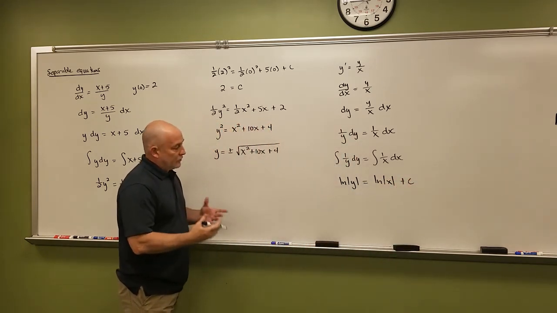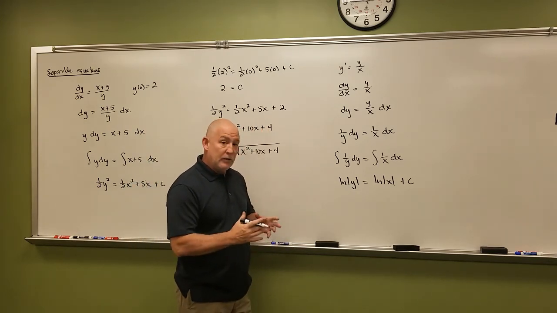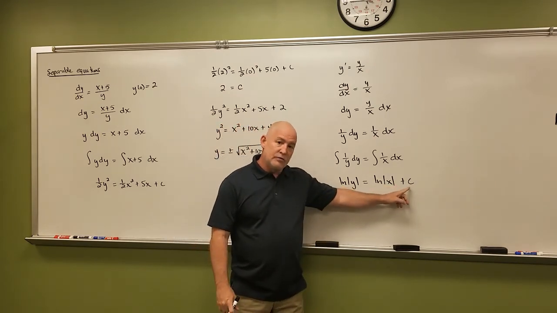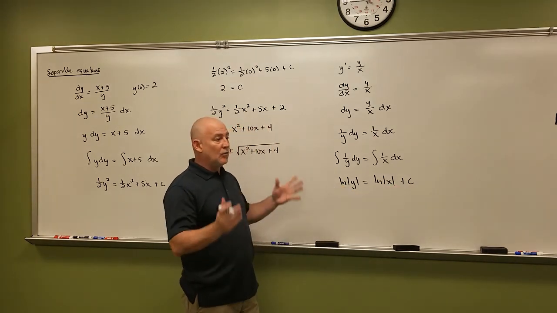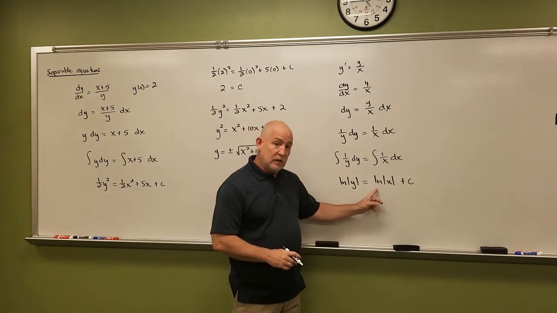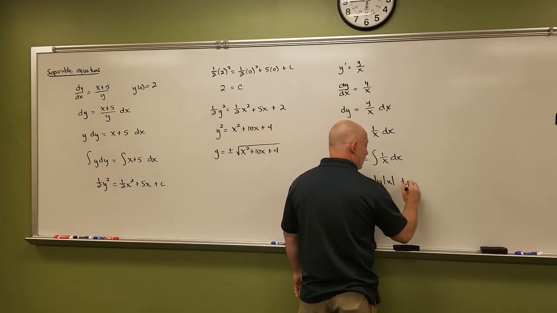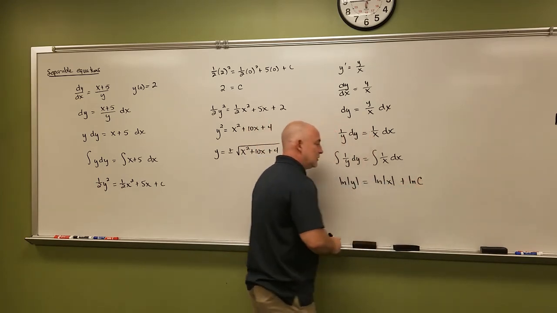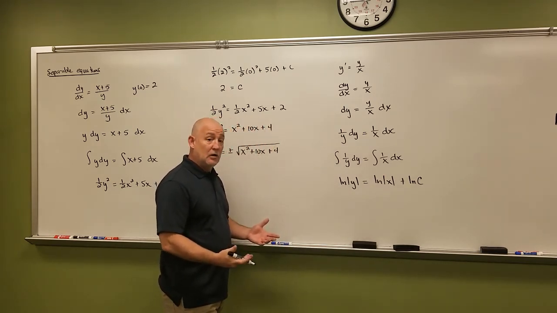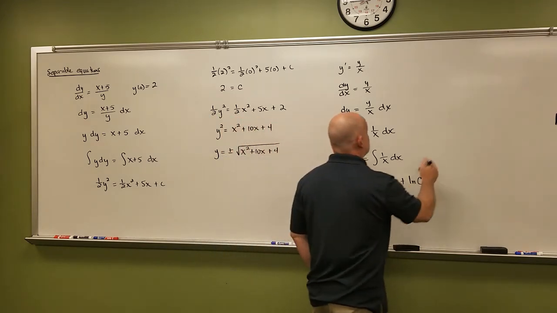Now here's the reason for doing this problem. This would actually be fairly easy to solve for y, but we can make this a lot easier than what it is. Remember, c is an arbitrary constant. It's any number that you want it to be. Now, if you have logarithms in here, it might be helpful, watch, instead of saying c, let's call it the natural log of c. Because if c is an arbitrary number, the natural log of c is still an arbitrary number. But by doing that, I'm able to simplify the right-hand side a little bit.